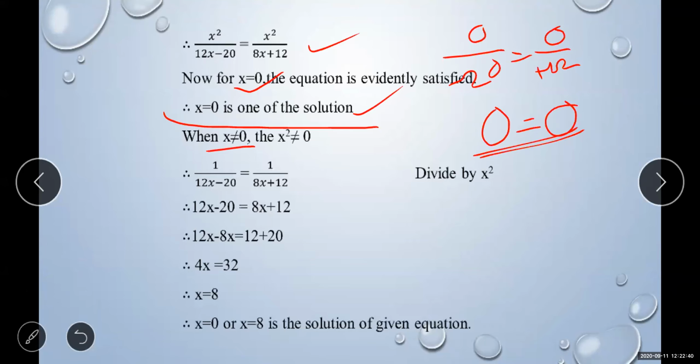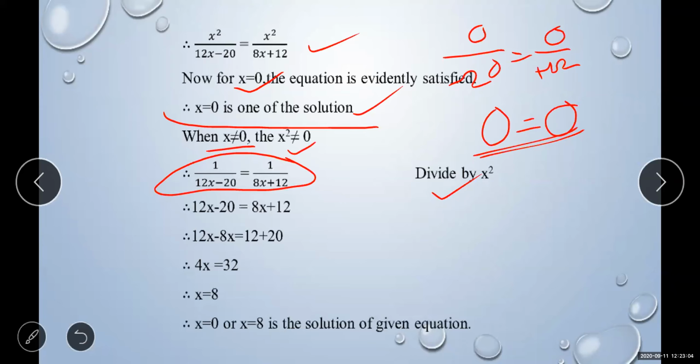That means x square also is not equal to 0. So divide this whole equation by x square. If we divide the first equation by x square, what do we get? 1 upon 12x minus 20 is equal to, second equation also divided by x square, 1 upon 8x plus 12.